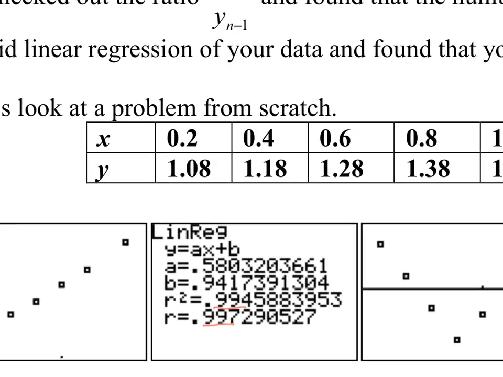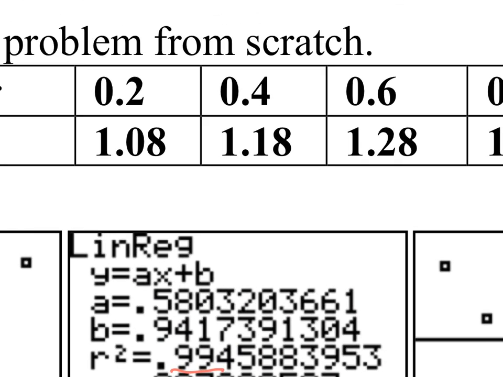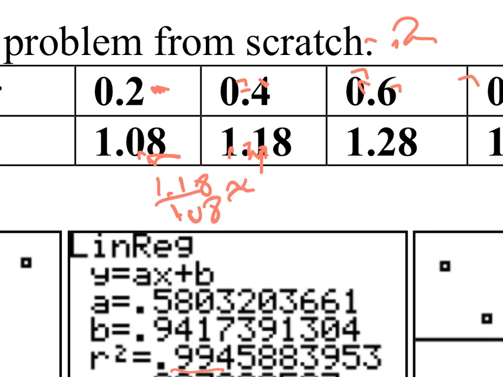Residual. Now, you don't have to. We did the differences and got all these differences were 0.2. Then we did the differences here. The differences didn't look as good as the ratios. All the ratios came out to about the same. What did the ratios come out to? Somebody do 1.18 divided by 1.08.